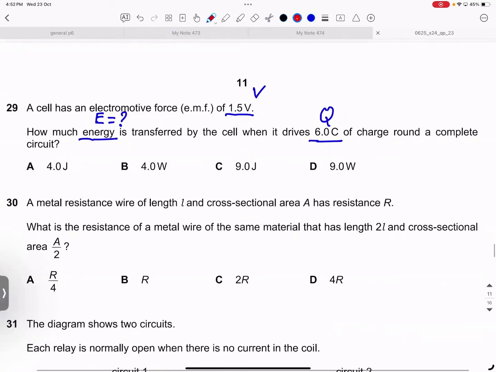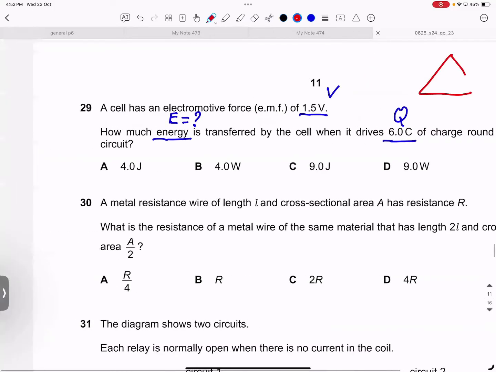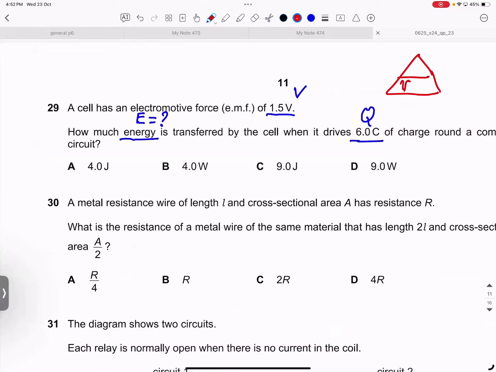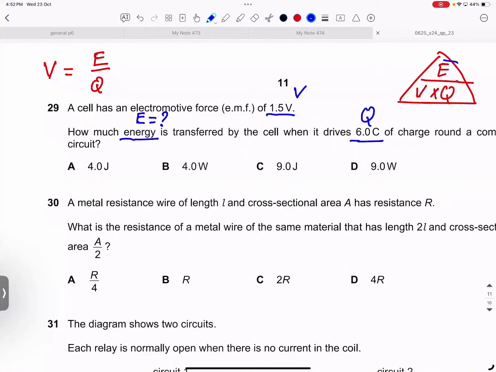EMF or potential difference V is defined by an equation. The voltage is the amount of energy per unit charge. So V is equal to E over Q. Since we need E, hide E, you will be left with E is V multiplied by Q. V is 1.5, Q is 6. Answer is 59.